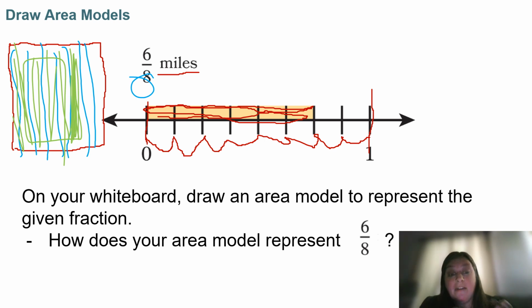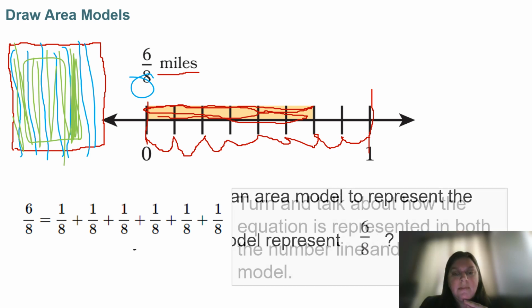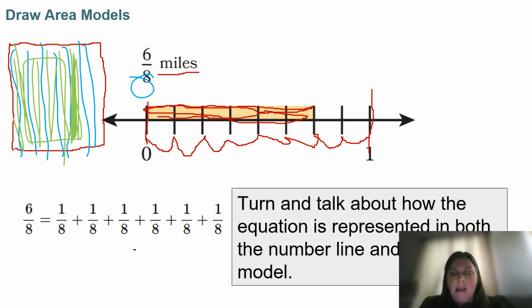Now we have a number line and we have an area model on our screen. I'm going to show you an equation. You'll have to pause and just turn and talk about how the equation is shown in both the number line and the area model. Pause, turn and talk.